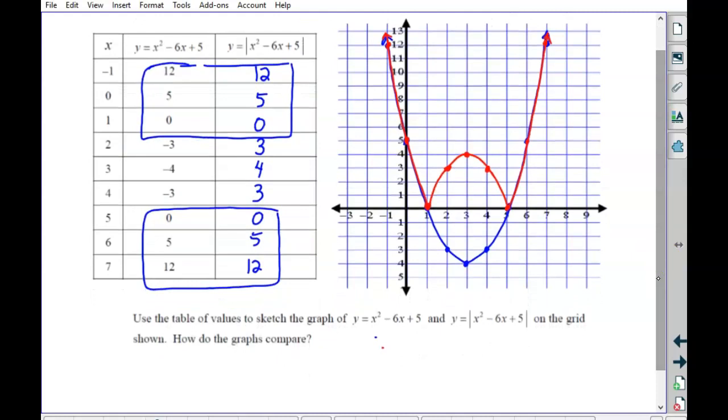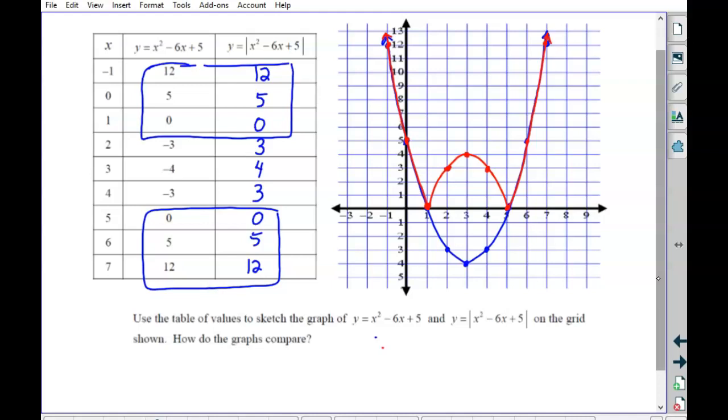Remember when we were dealing with the reciprocal of a function, we talked about invariant points. Points that don't change when you take the reciprocal of a function. The only points that do change were when y is 1 and y is -1. Here, there are many points that don't change.